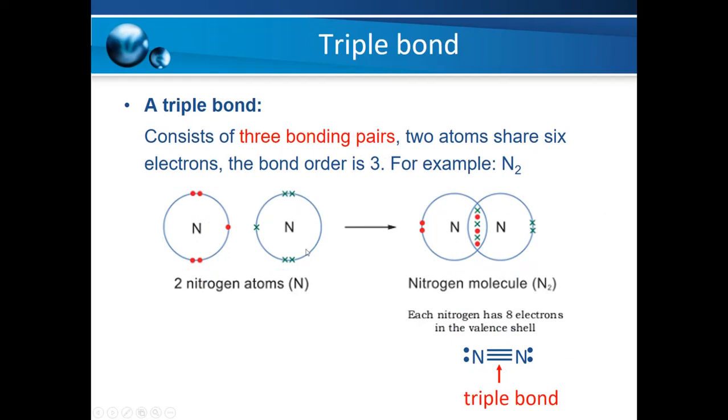And a triple bond consists of three bonding pairs, for example in N2. So one pair, two pair, and three pair. 2, 4, 6, 8. In a Lewis dot structure, the valence electrons should be in octet. Octet means that the number of valence electrons should be 8.